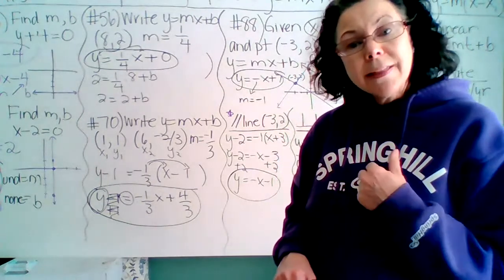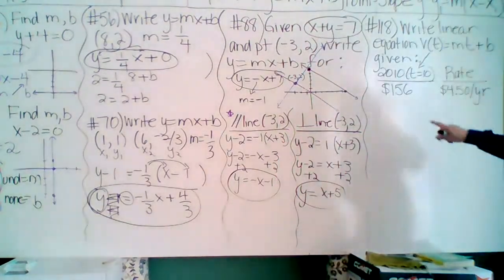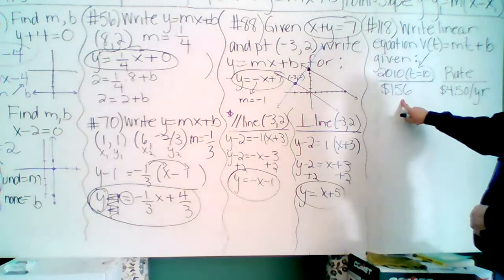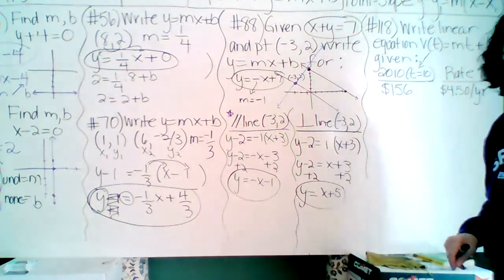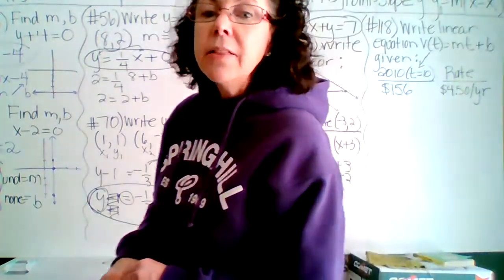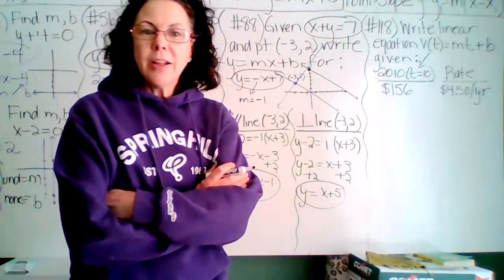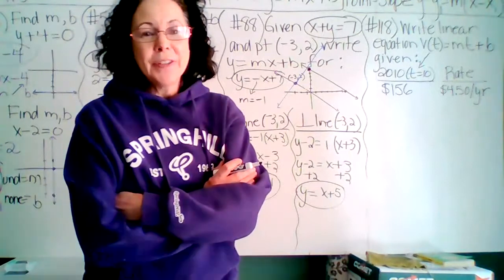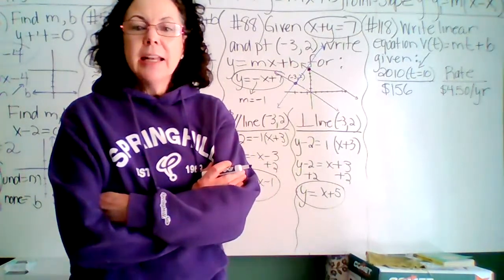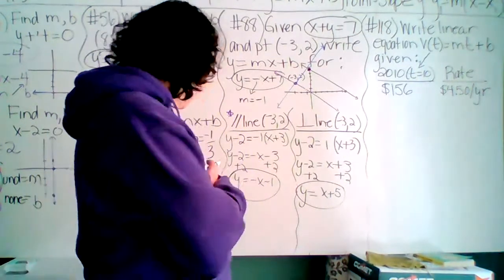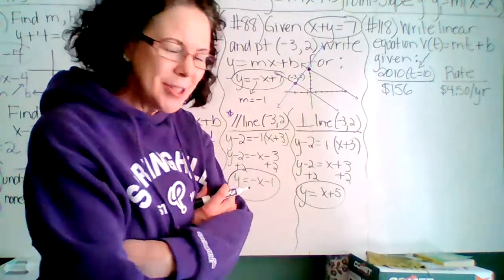Okay, now what they gave you is that in 2010, and they're telling you that's a time of 10, not a time of 0, the value of, I don't know, let's call it a painting, was $156. Now the rate is, I forgot to put whether it was increasing or decreasing.